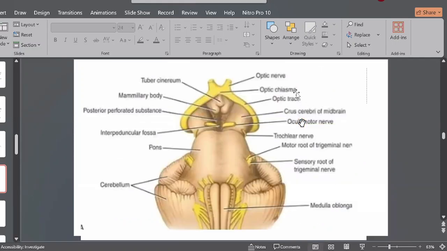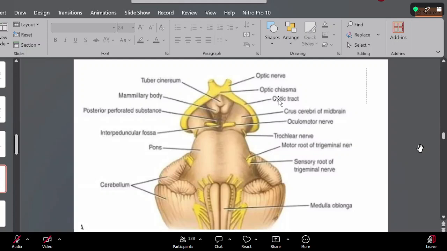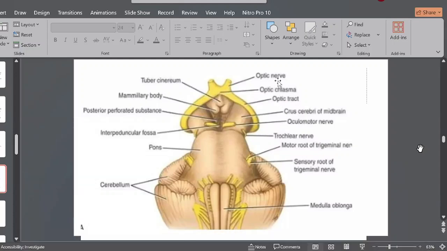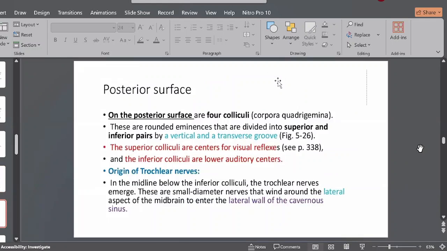So we're able now to see very well what we call the midbrain. We're able to see the tuber cinereum, mammillary body, posterior perforated substance, interpeduncular fossa, oculomotor nerve, crus cerebri, midbrain, optic tract, optic chiasma, and optic nerve. Now, the posterior surface.